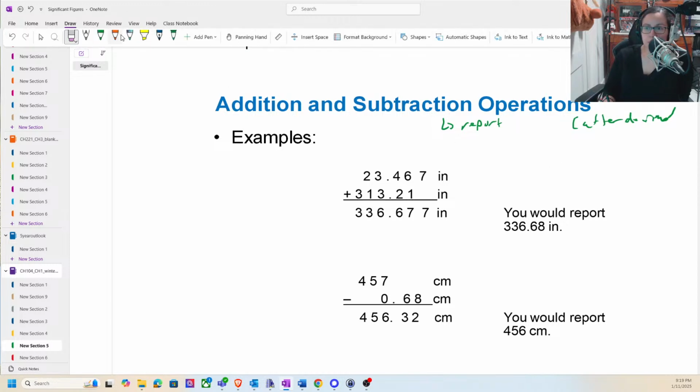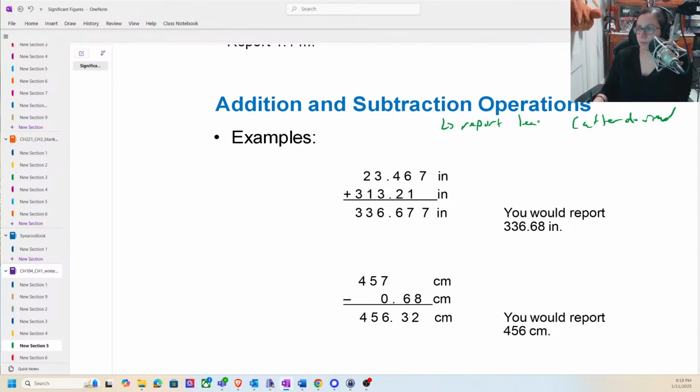And so what we mean by that, again, if we line it up in this way, we're seeing we have 3 after the decimal place in our first one versus 2. So this is our limiting. So we can only report to 2 after. So even though we get this from our subtraction, we round to 2 after, so 0.68.